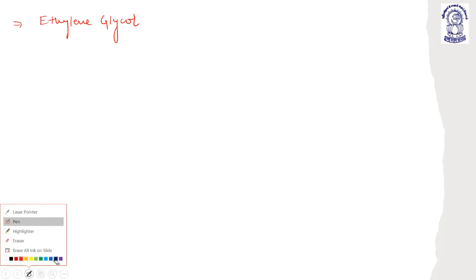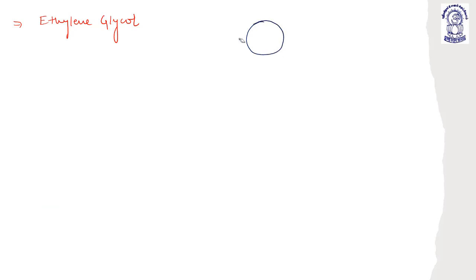There are some important examples which we have to discuss, like ethylene glycol. Front carbon, back carbon.